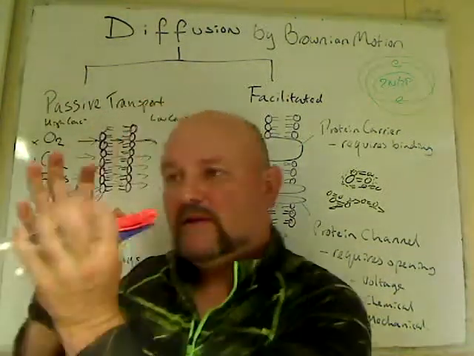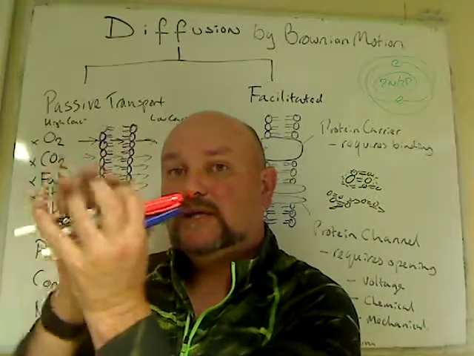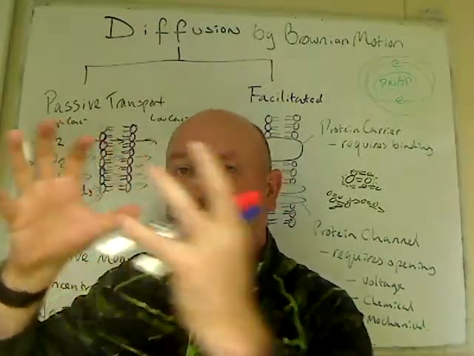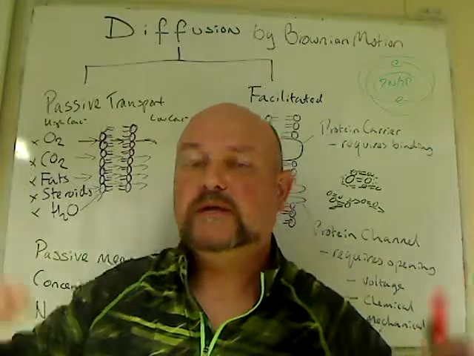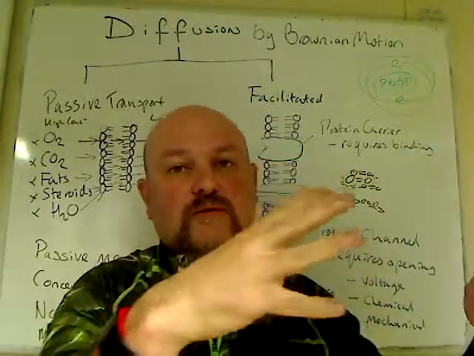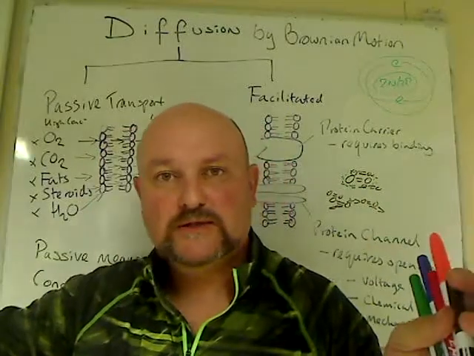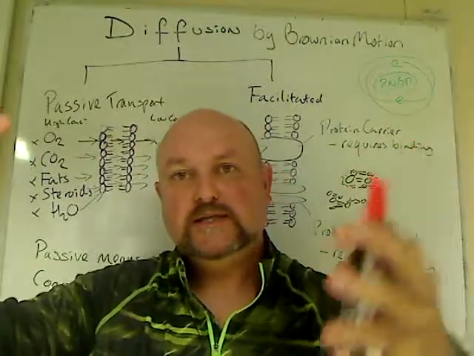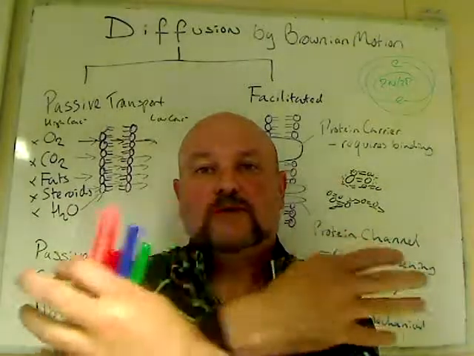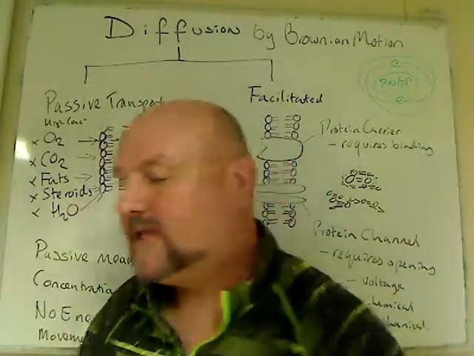If you've got very high concentration on one side, they're going to be colliding a lot, so they're going to be pushing further apart more quickly. On the other side, you've got very, very few. They'll only collide occasionally, so there's much less pressure to go back across the membrane. Eventually, when it's equal, they will come across at the same rate, so they'll maintain that balance.